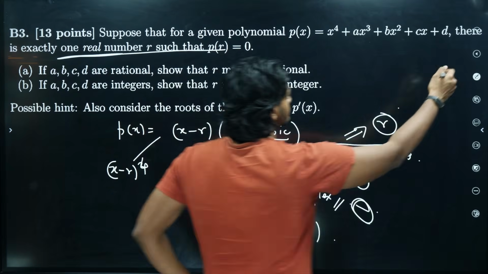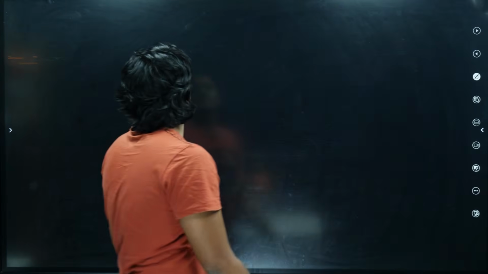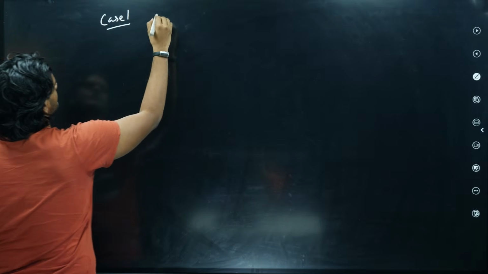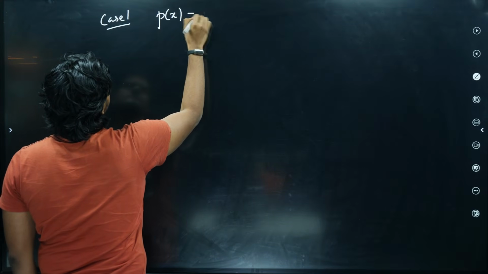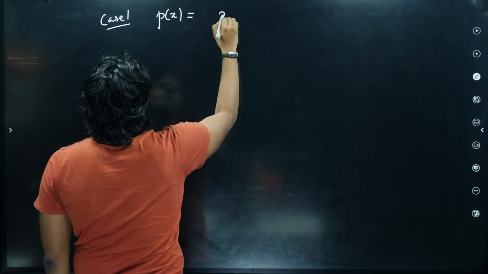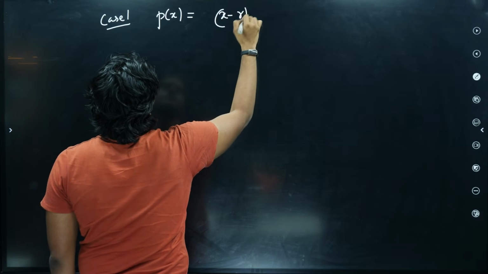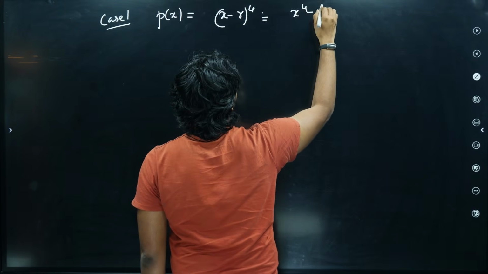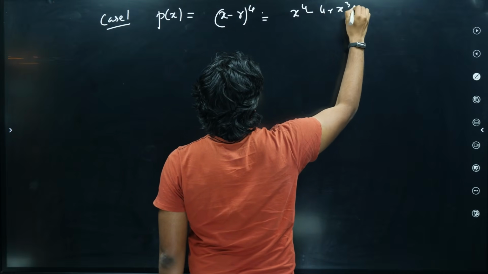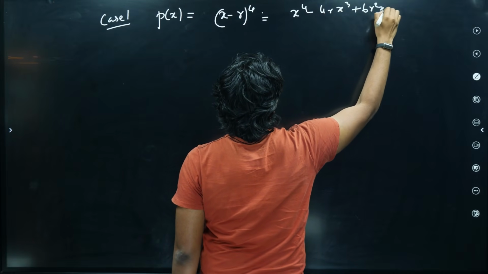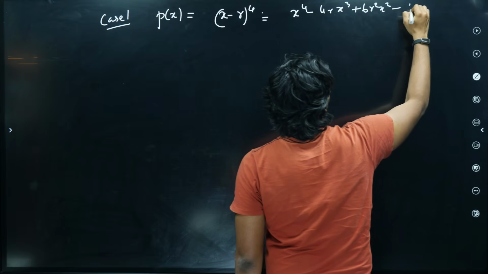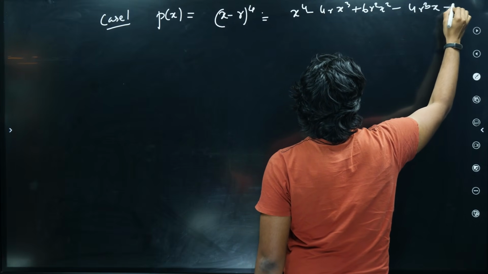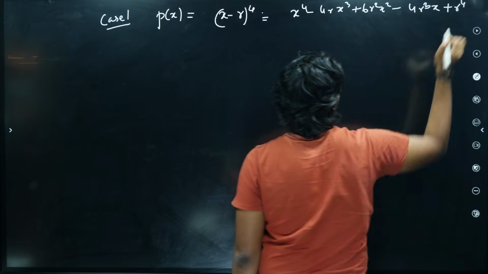Now, case 1, let's take case 1. P of x is equal to x minus r whole power 4. That means this is x power 4 minus 4r x cube plus 6r square x square minus 4r cube x plus r power 4.